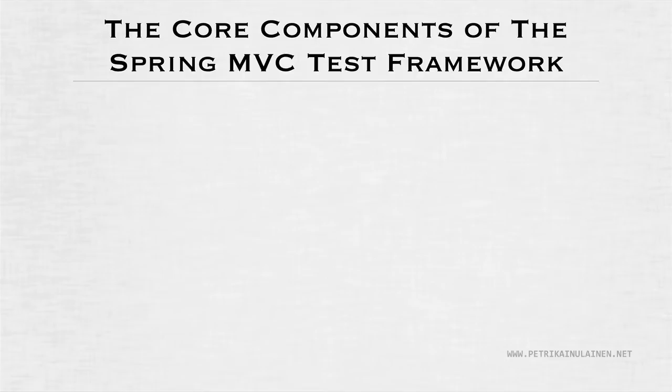We send a request which is processed by the tested controller method. 2. We verify that we received the expected response. The Spring MVC Test Framework has a few core classes which we can use for implementing these steps in our tests. These classes are described in the following.